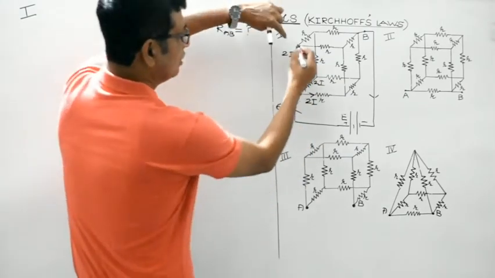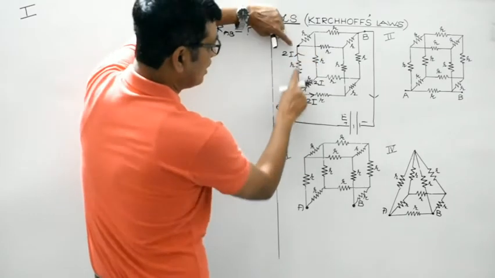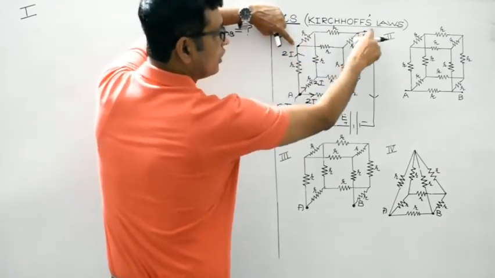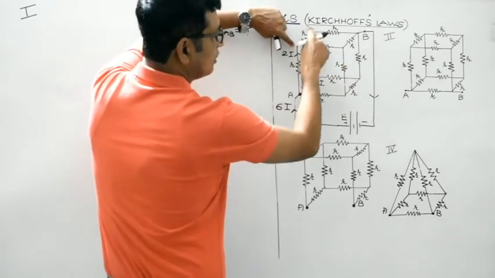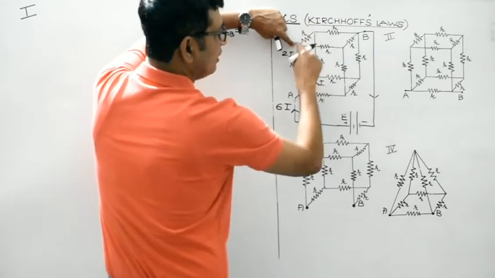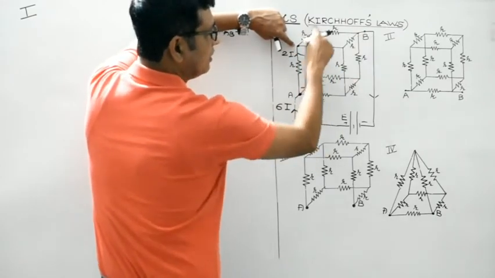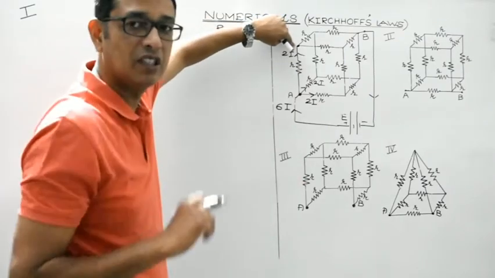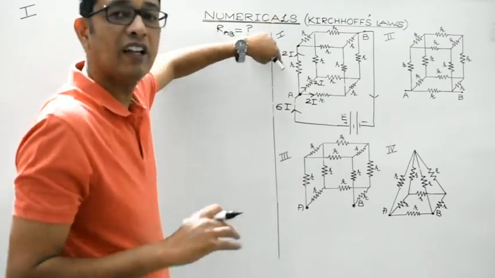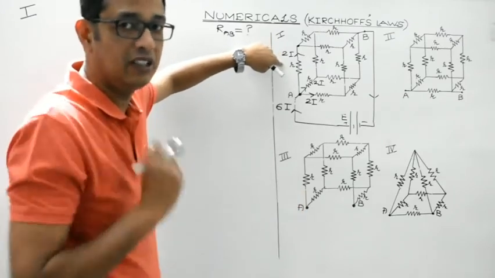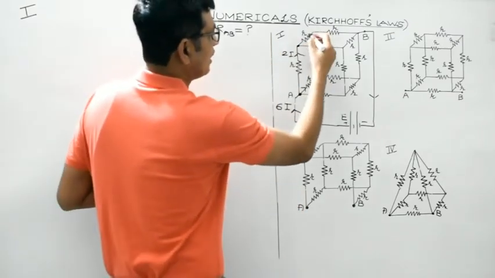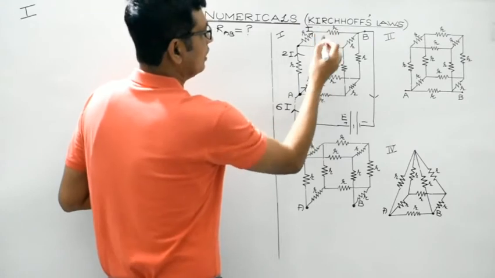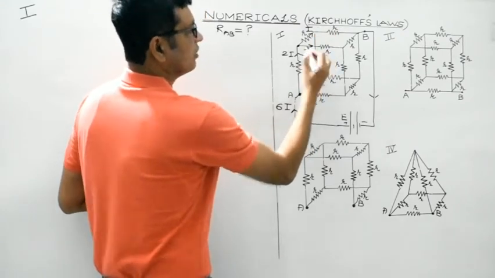Now look, this will act as a junction. Here the current entering is 2I, and this is where the current must exit. These are the 2 paths offering resistance of 2R and 2R. These 2 paths are identical in the sense that they offer the same resistance. So this 2I will again get equally divided between these 2 branches: I and I, right?